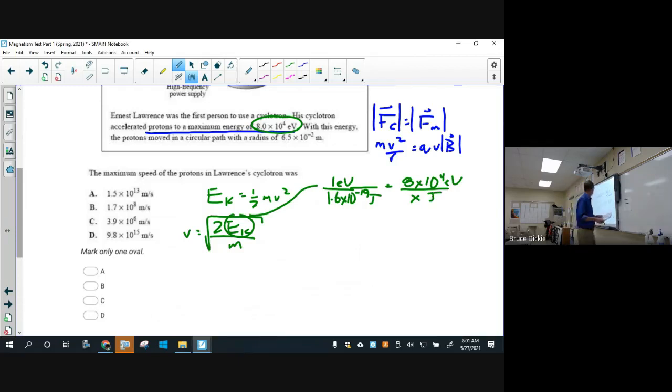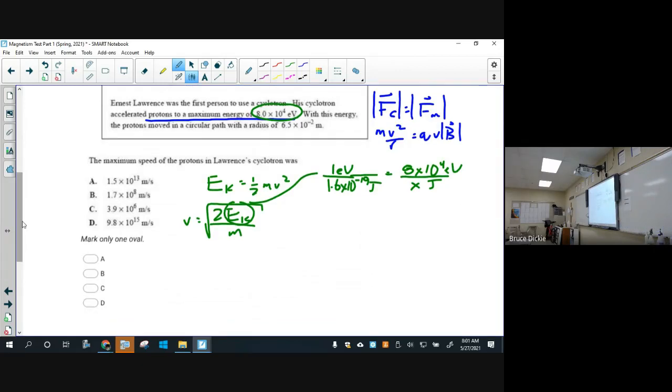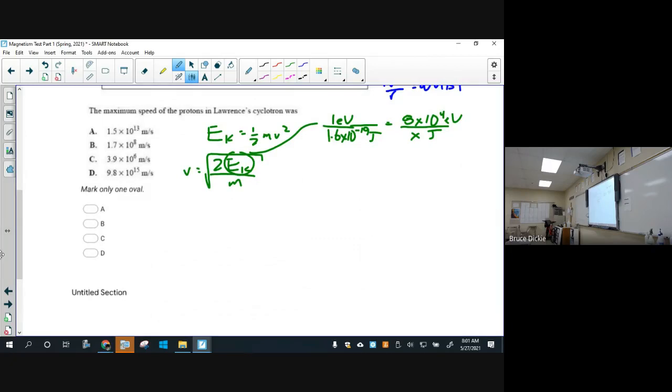So what we're going to do now is cross multiply. And when we do that, we end up getting x is equal to 8 times 10 to the 4 times 1.6 times 10 to the negative 19, right? We're taking the x up by multiplying and the 1.6 up by multiplying.